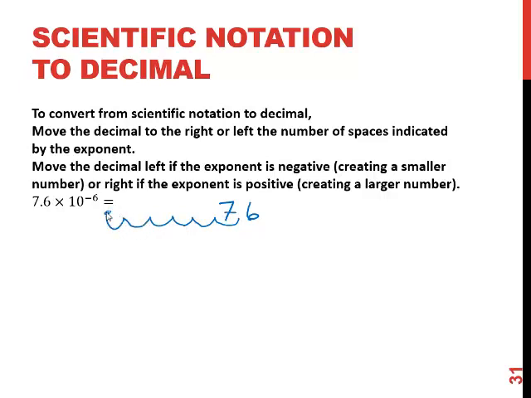This is where my decimal is going to be now. I need placeholders for all of these. And so my final answer, 0.000007 6, which is 0.0000076.